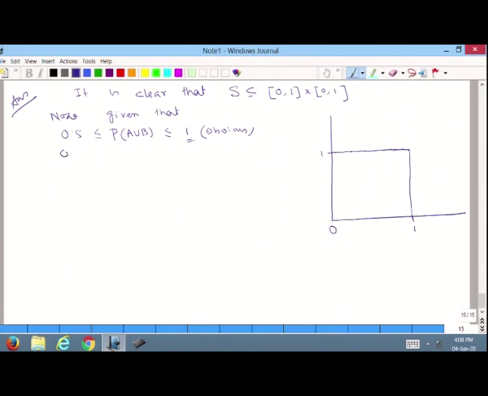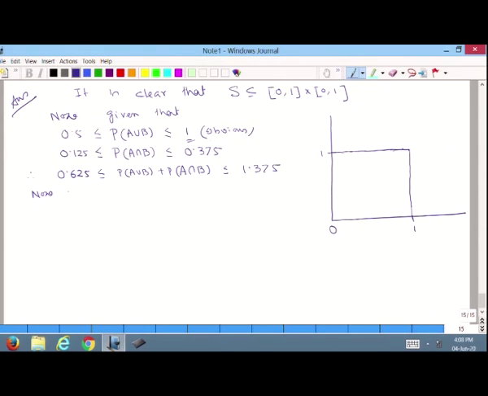Also, it is given that 0.125 is less than or equal to probability of A intersection B, which is less than or equal to 0.375. Therefore, 0.625 is less than or equal to probability of A union B plus probability of A intersection B, which is less than or equal to 1.375.